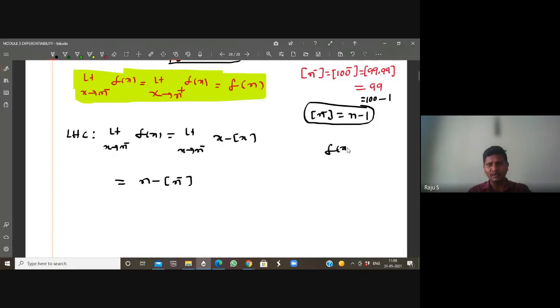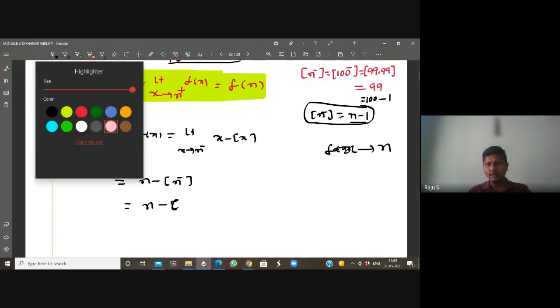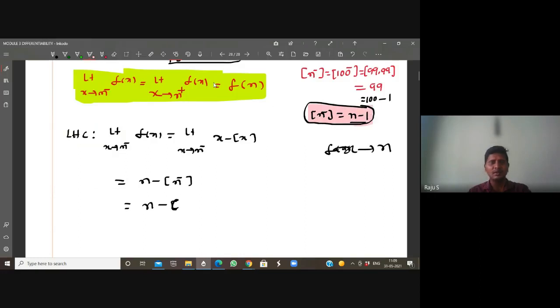So the greatest integer of n minus is n minus 1. Student, anyone? I already found this value, right? What is the greatest integer of n minus? It is n minus 1. So n minus (n minus 1), the n's get cancelled. Shall I write the LHC value is equal to 1? Yes, we got the left hand continuity as 1.